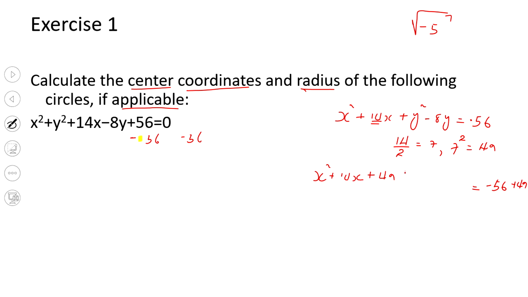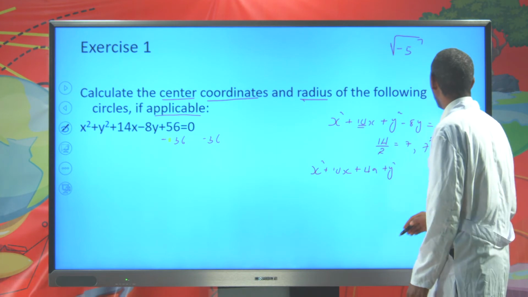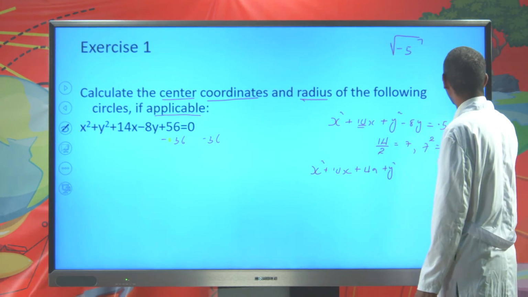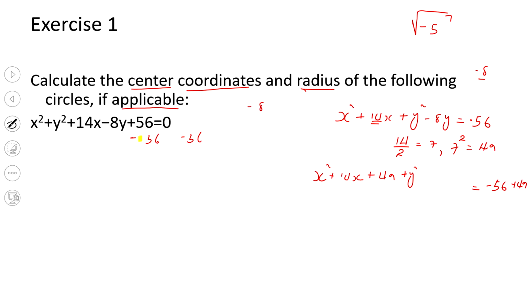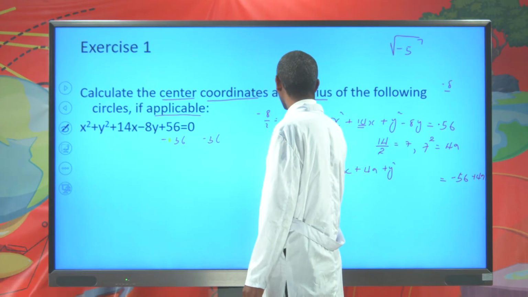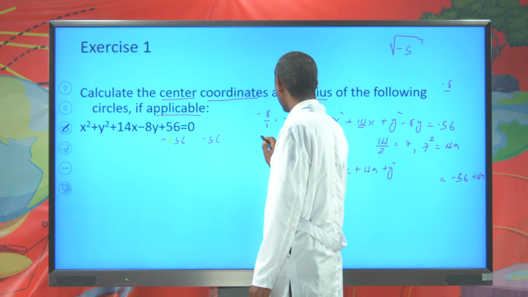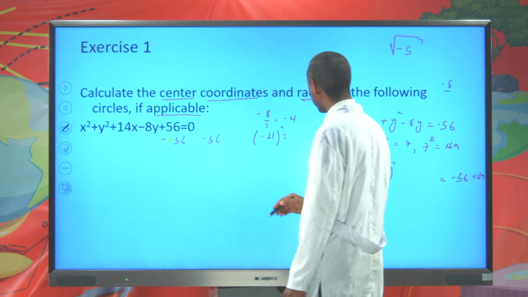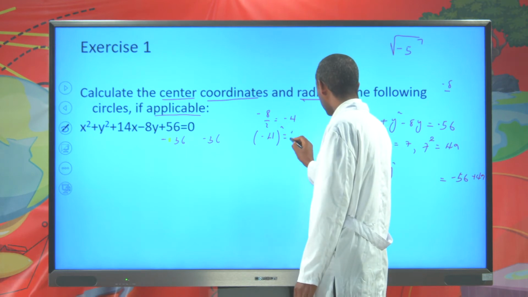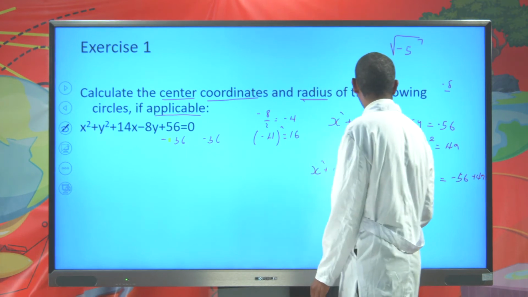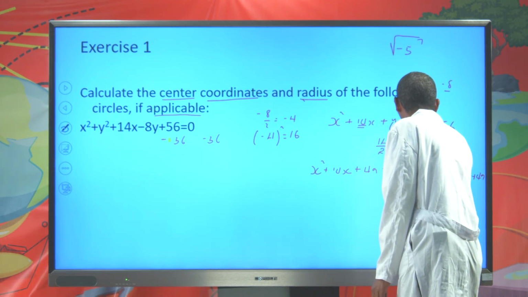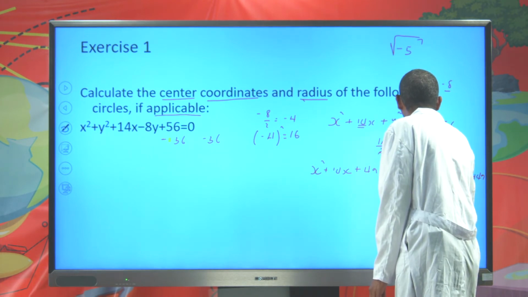So this is plus y². If I divide minus 8 by 2, that gives minus 4. Then square it, (-4)². Do not forget the bracket when you square. So this gives you 16. So let me add 16 on this side: y² - 8y + 16.